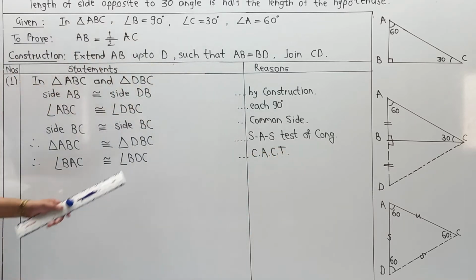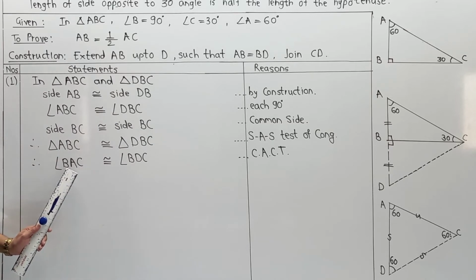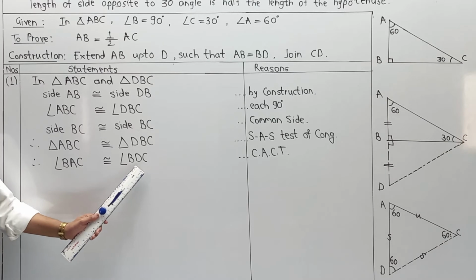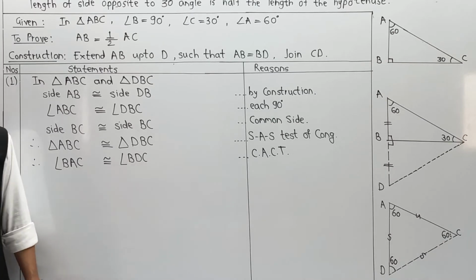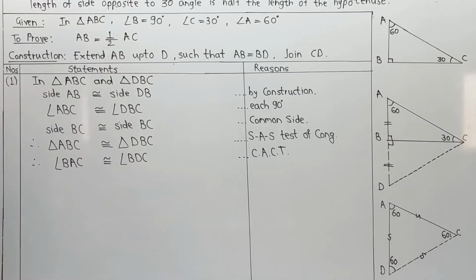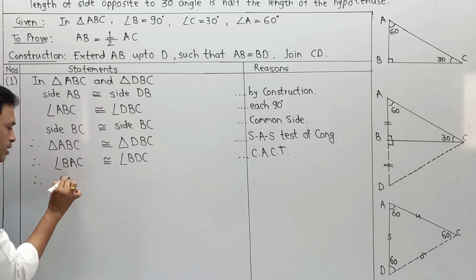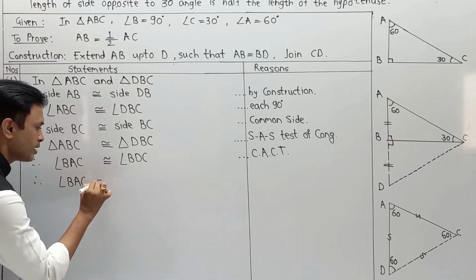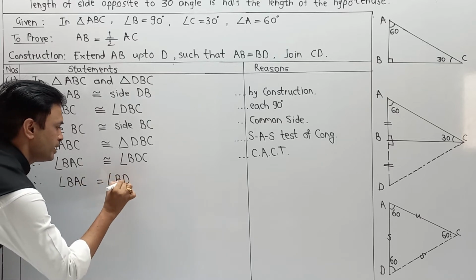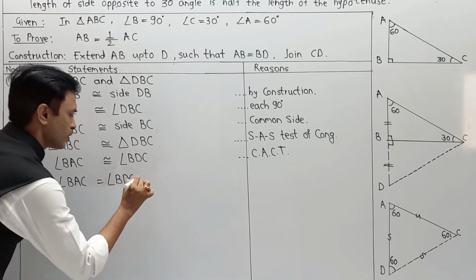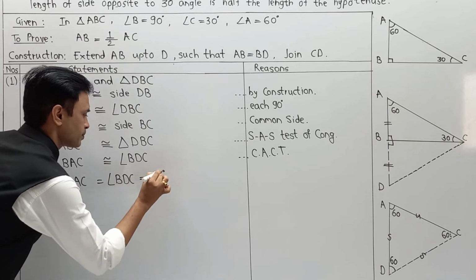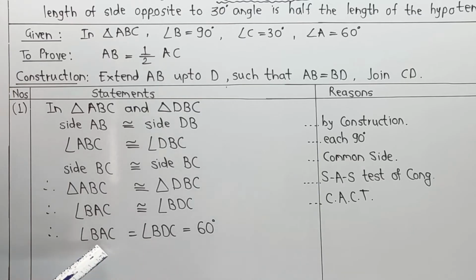And in this way, BAC as well as BDC become 60 degrees. Therefore, angle BAC is equal to angle BDC is equal to 60 degrees.